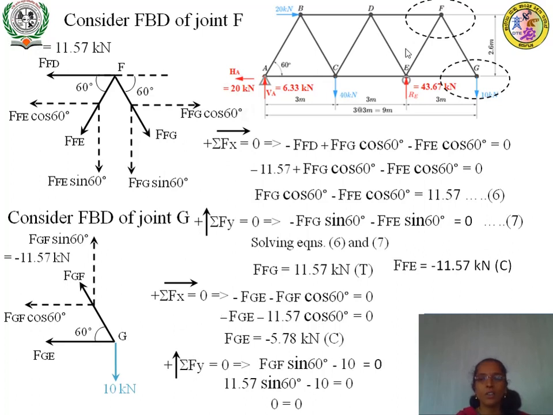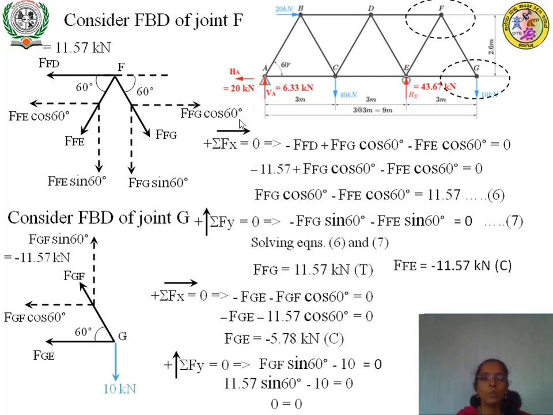For a check, you can select another joint and apply sigma Fx equals 0 and sigma Fy equals 0. If all the computations are correct, those two should hold: the sigma Fx equation should give 0 and the sigma Fy equation should give 0. If you didn't get 0, you have to recheck your calculation.